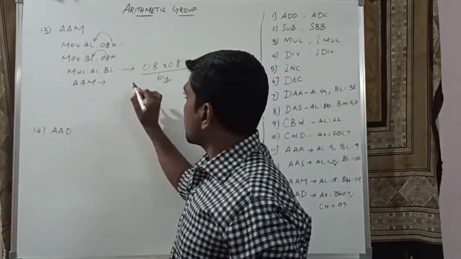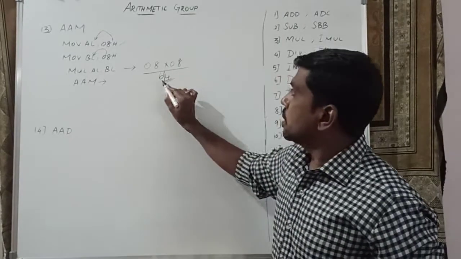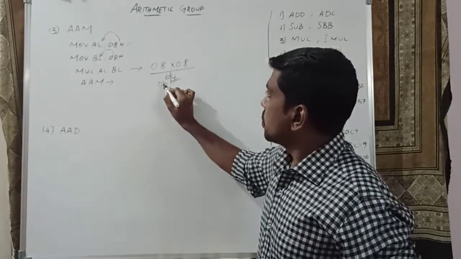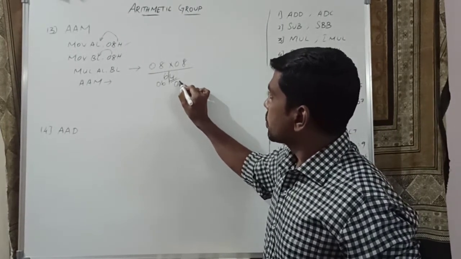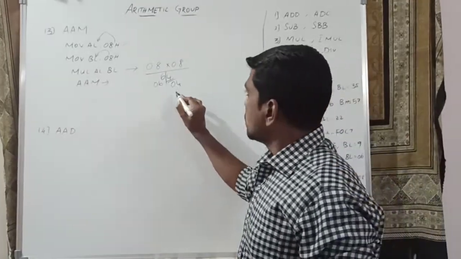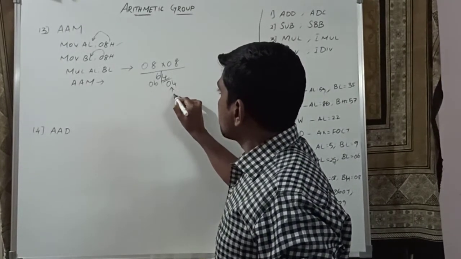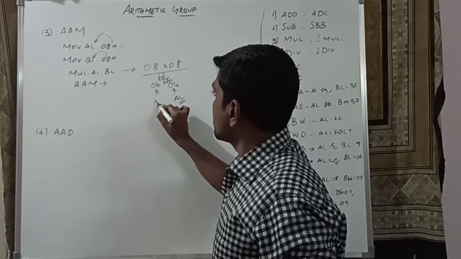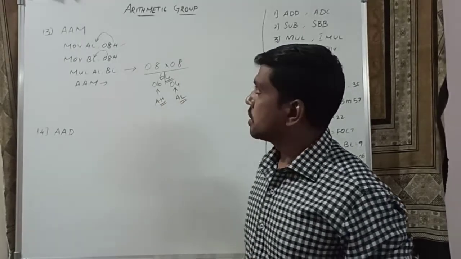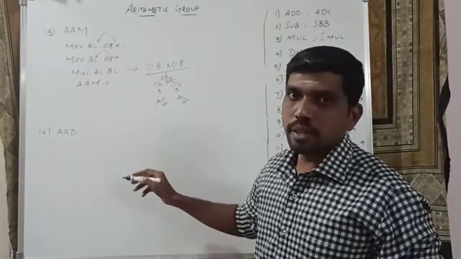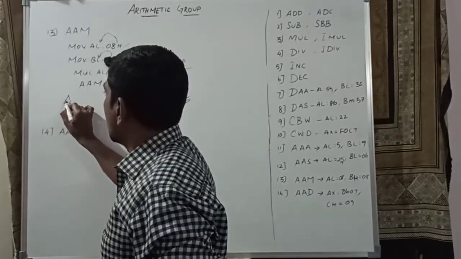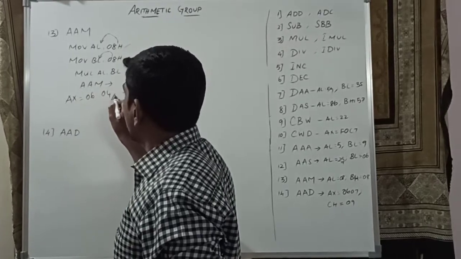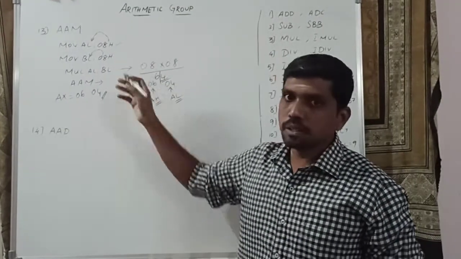What is an unpacked BCD number? The two digits are split into two 8-bit values, 06 and 04. This 04 is placed into the AL register and 06 into the AH register. After execution of AAM, AX equals 0604. It's the result of this program.